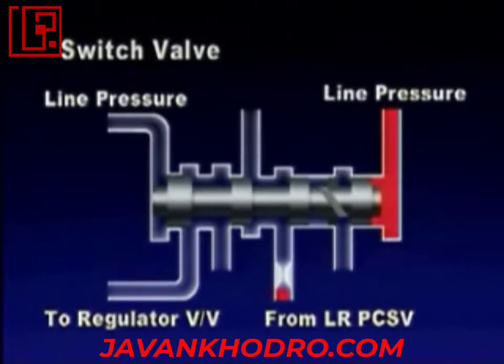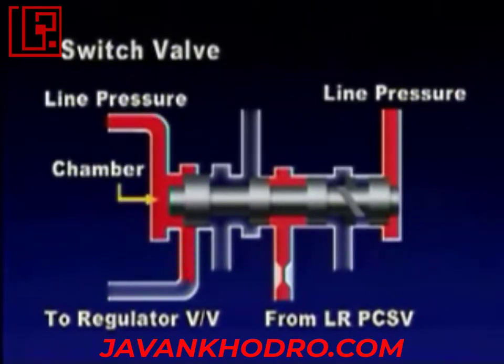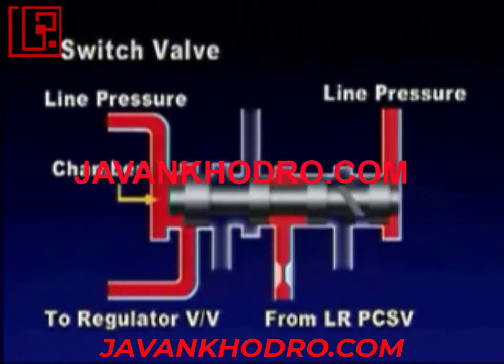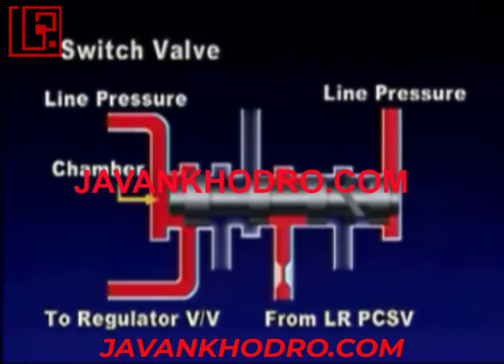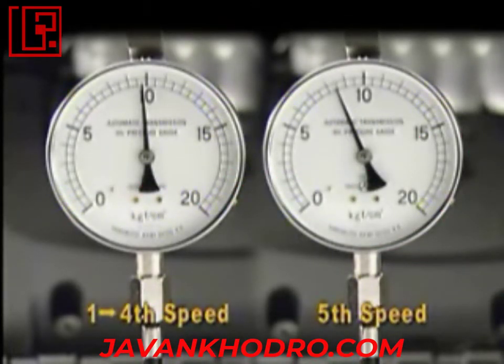Especially when line pressure decreases in third and fourth speed, oil passage changes by the switch valve. Then, oil pressure decreases due to the regulator valve operation. In 5-speed automatic transaxle, line pressure is lower than low-speed gear, even in the 5th speed.